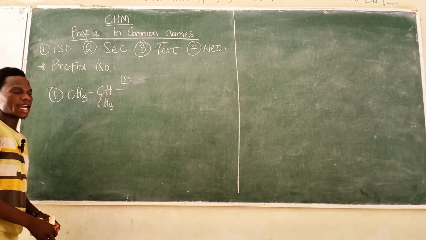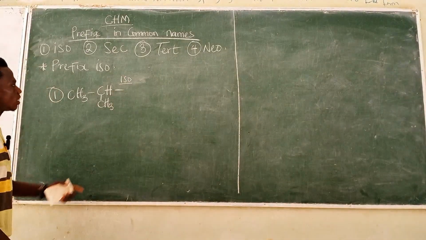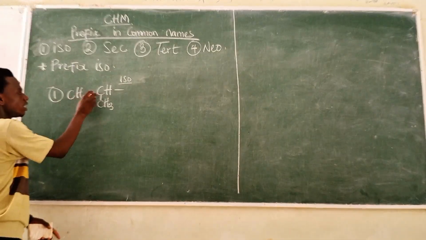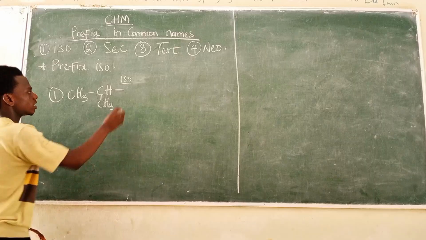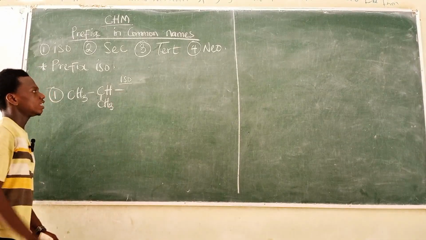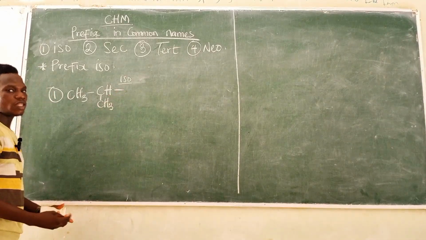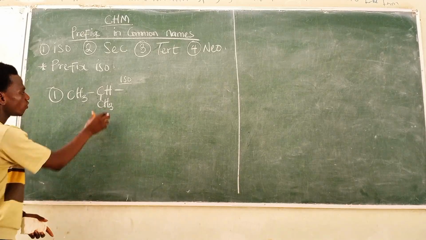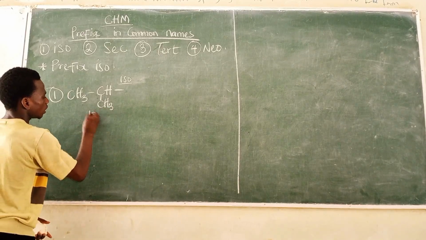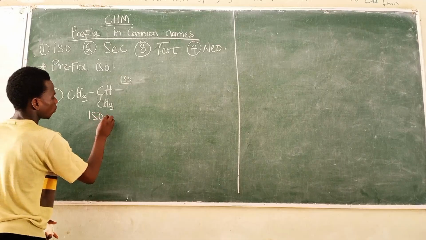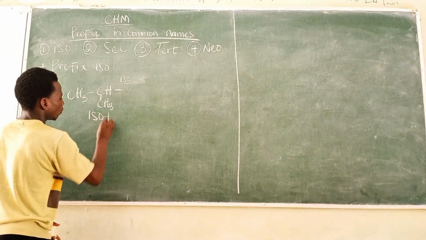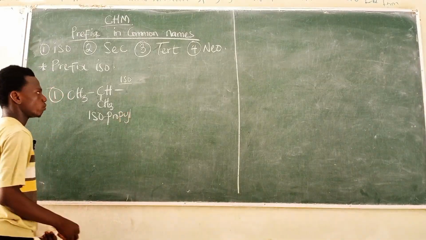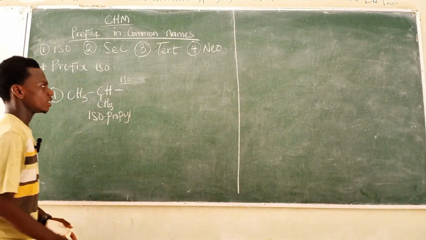Now, in this case, this is an isopropyl. Why? Because you have three carbon atoms that are connecting to the parent chain. Now, this parent chain can be any organic compound that is taking priority over this. So for this, we are going to call it an isopropyl.